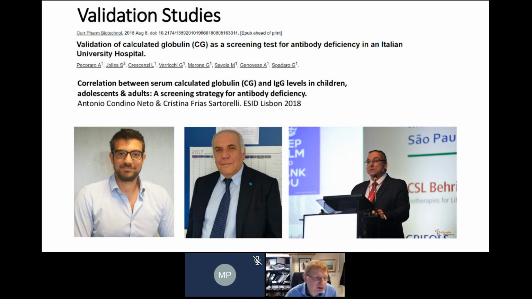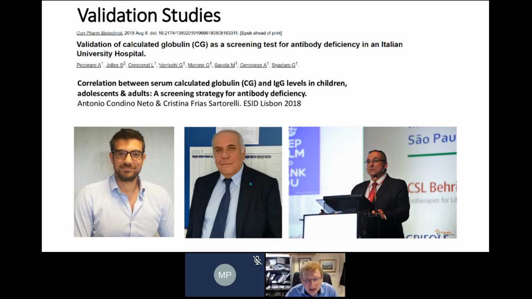And they were able to pick up the antibody deficiency in 97% of the cohort that had available calculated globulin results. So that was very reassuring to us.